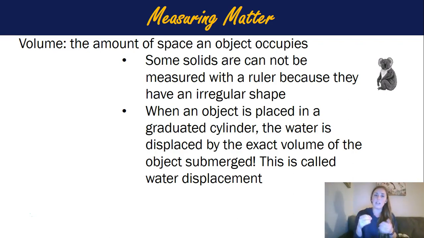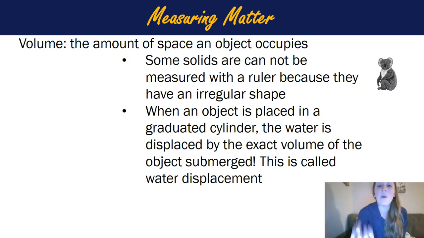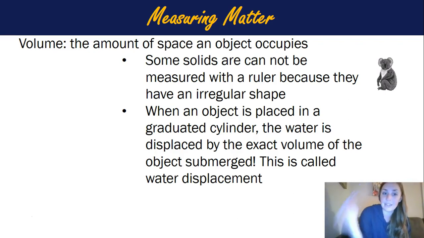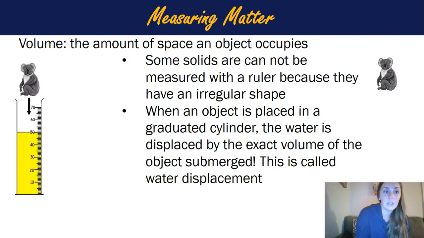If you put water in the graduated cylinder first, then however big that object is, it's going to displace that exact amount of water. So once it's submerged, the water rises, and that's called water displacement. So I would take this toy koala and I would drop it into this, well, I said water, I mean, I've colored it in here so you can see it.